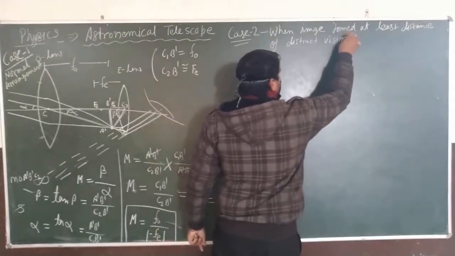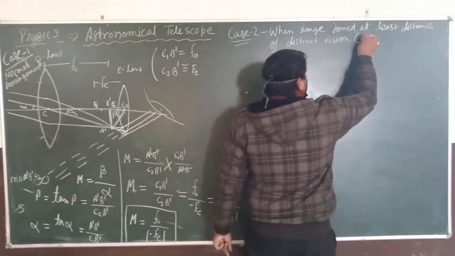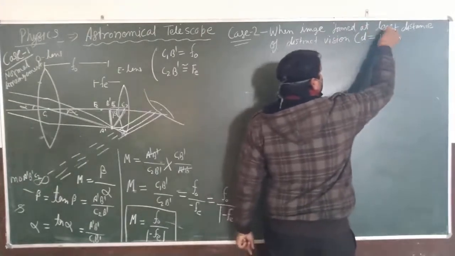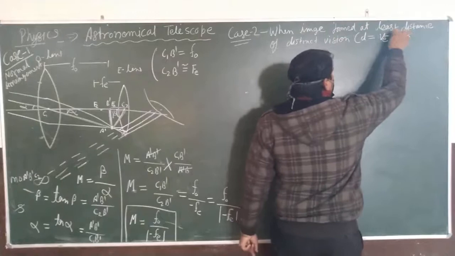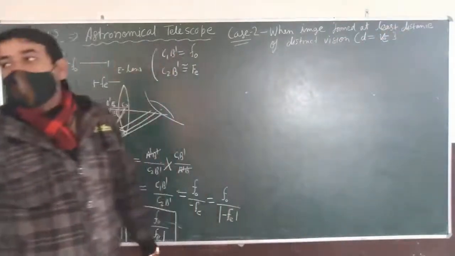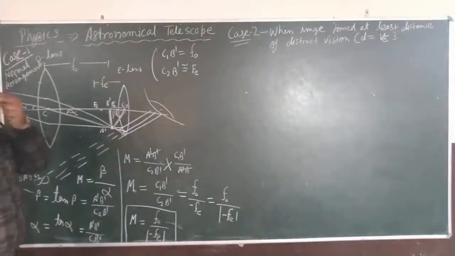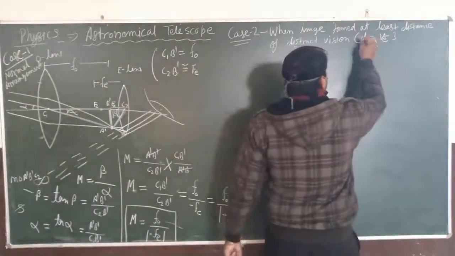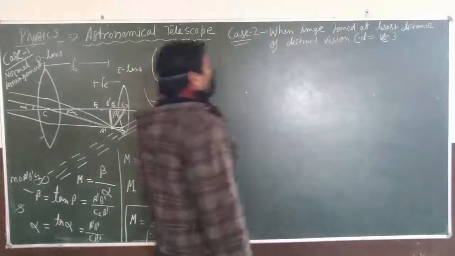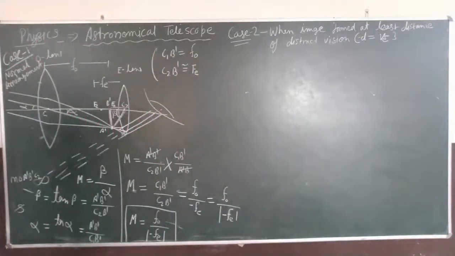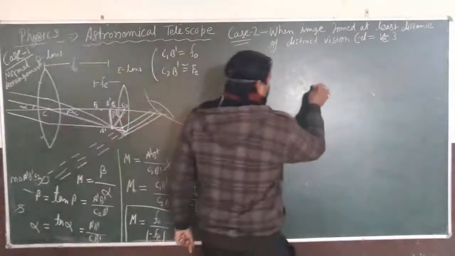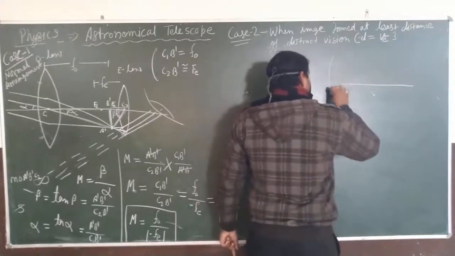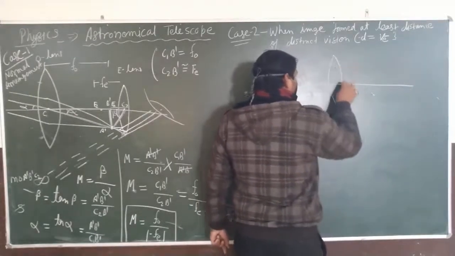How much is the least distance? It is equal to D, and this is the location of V. Okay. So we are using V is equal to minus D. The element for this is objective lens.